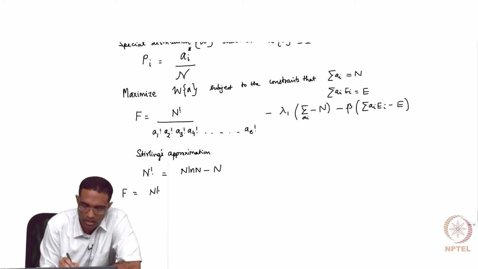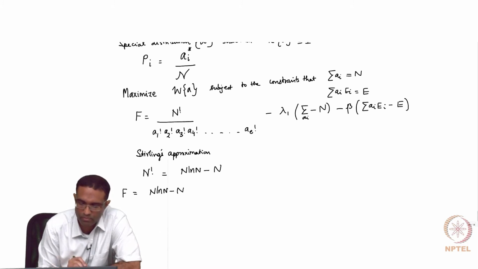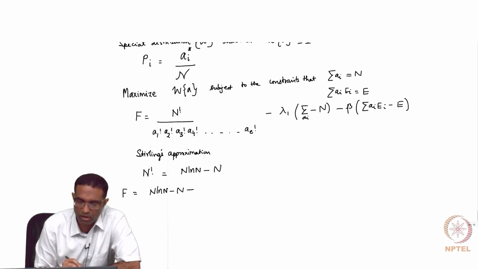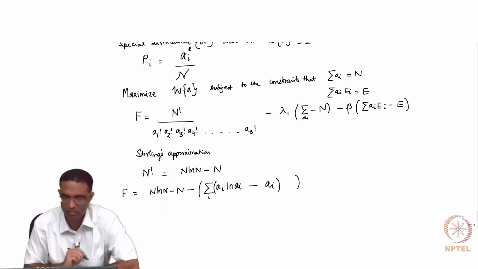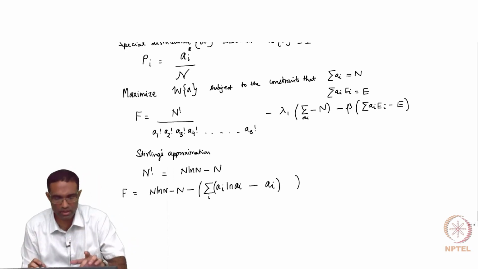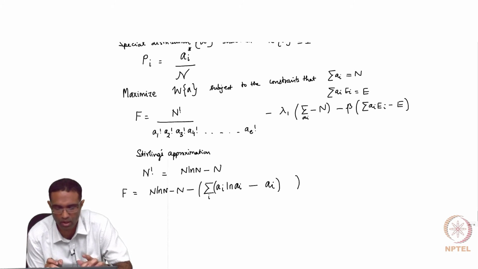You will get n ln n minus n, minus the summation over all i of Ai ln Ai minus Ai, right, because in each of the denominators you would have Ai ln Ai minus Ai.